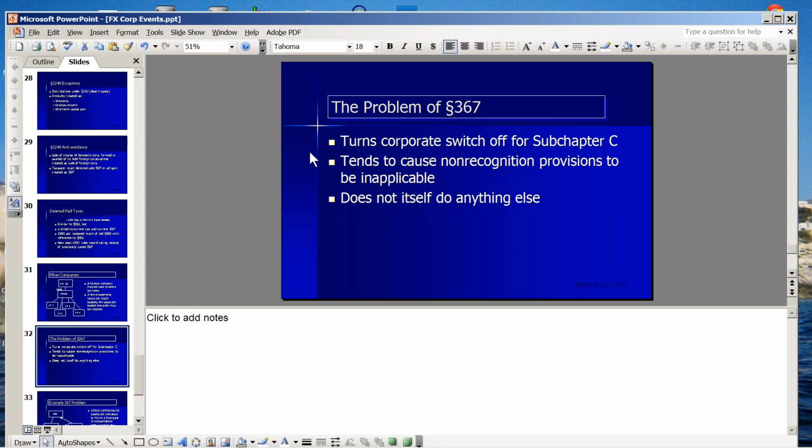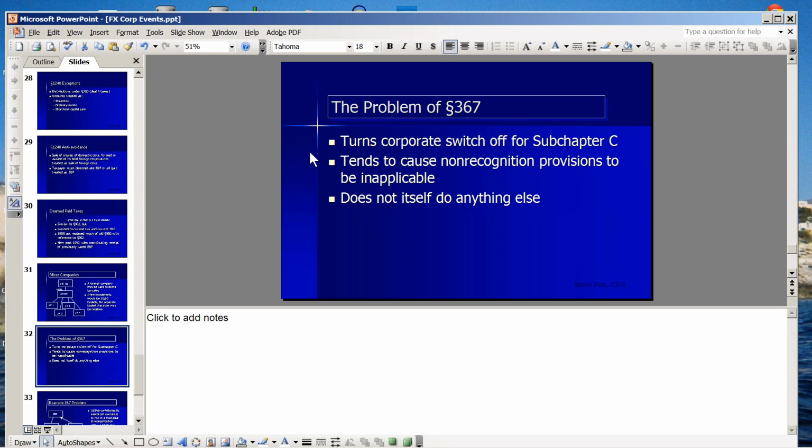All these nice things that kept you from recognizing gain on transfers involving a corporation. All that's well and good, and it works just fine in the international arena. But there's something that turns that corporate switch off. It's section 367.